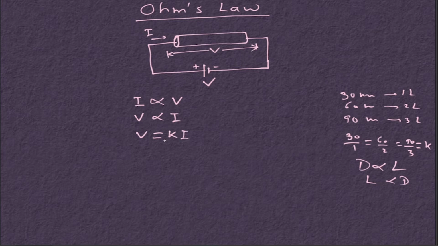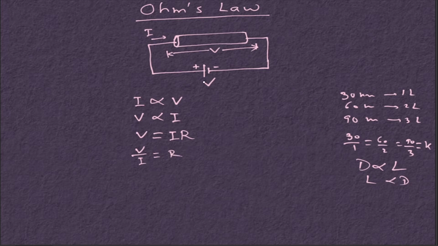This K is the proportionality constant. Usually K is used in mathematics, so here we will use something different. We will write this as V equals IR. R is the proportionality constant here. So V by I is equal to R.